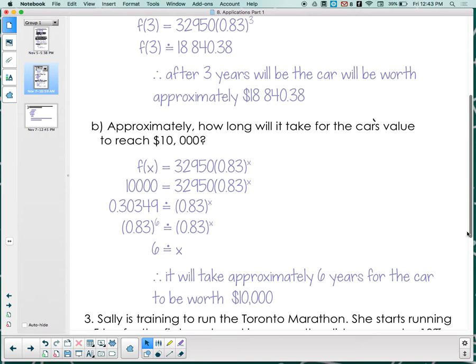0.83 to the power of 6 is 0.326, so we still have more to go. Go up another one. 0.83 to the power of... Oh, I just did 6, didn't I? Hold on. 0.83 to the power of 5. 0.83 to the power of 7.